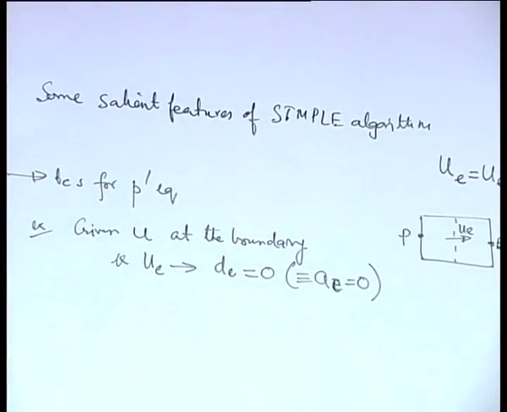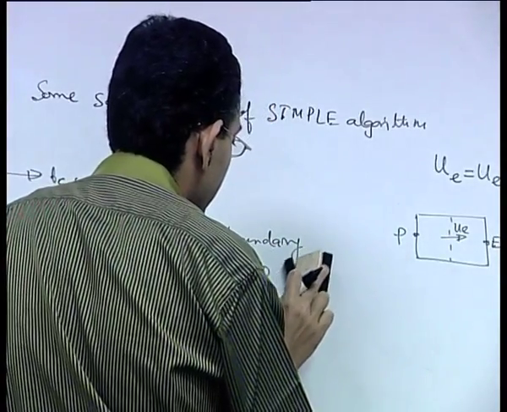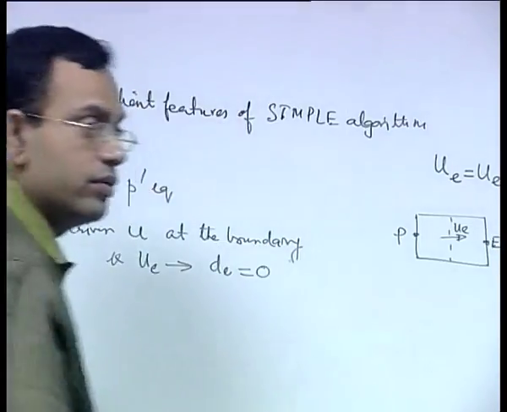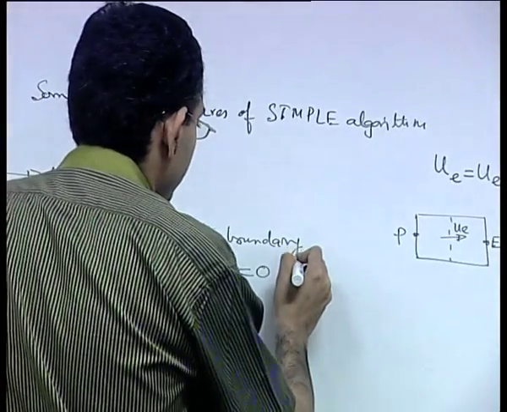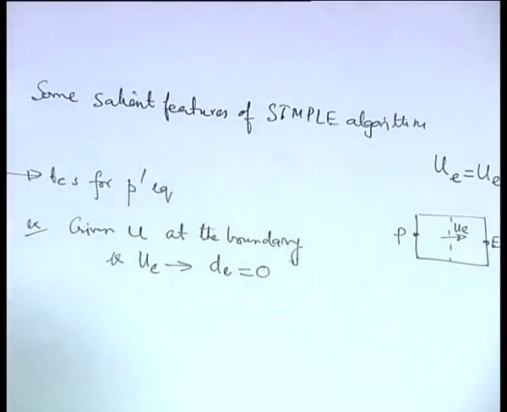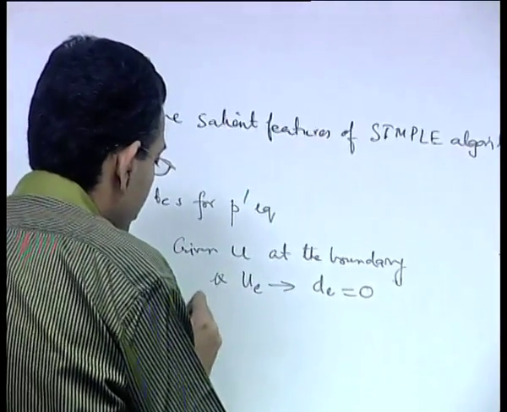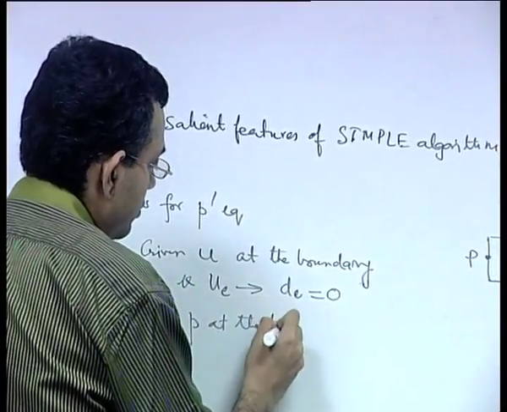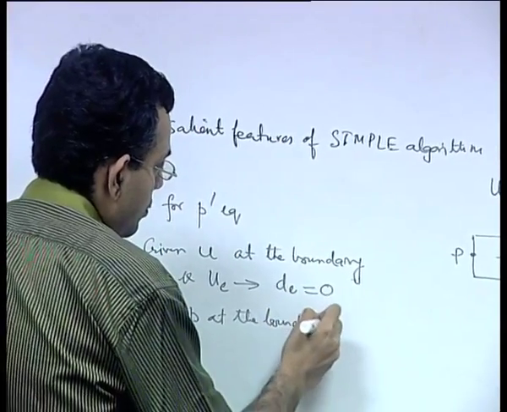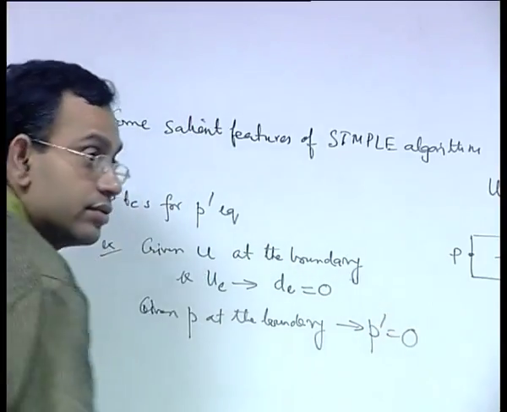Or it is better to say d equal to 0 because it directly covers the case without going through the original coefficients. And if you have a given pressure at the boundary, then obviously the pressure correction equals 0.